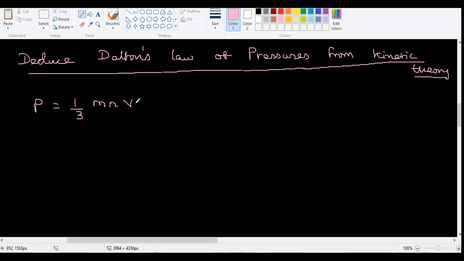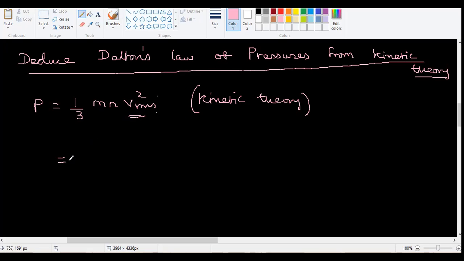This is what we derived in the last class, V RMS square. This is your kinetic theory. Why do I call this kinetic theory? Because kinetic means movement. So we're talking about movement of the molecules. Dalton's pressure, right? We are talking about different gases in one single container.